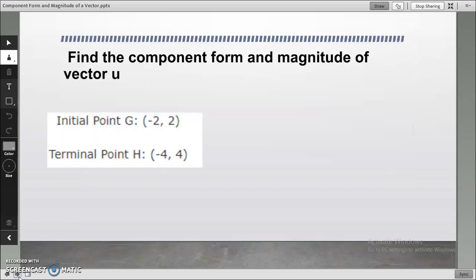Okay, so we're going to take the terminal point and subtract it from our initial point. So u is equal to, again, our terminal point, which is -4 minus -2, comma.